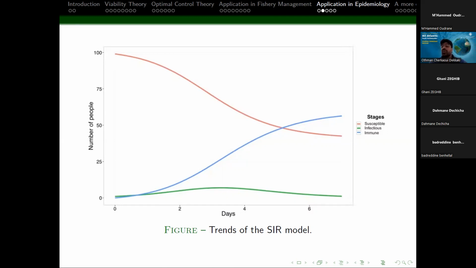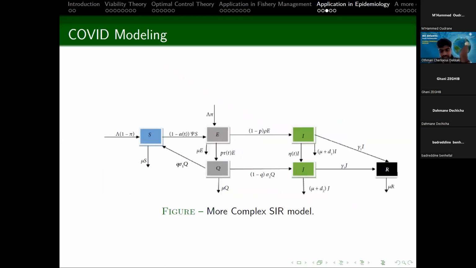Now we are using more complex versions of the SIR model. Here's a new case of a more complex SIR model. It's from COVID modeling. You'll see that there is the S, there is the I, and there is the R, so it's still the SIR model.